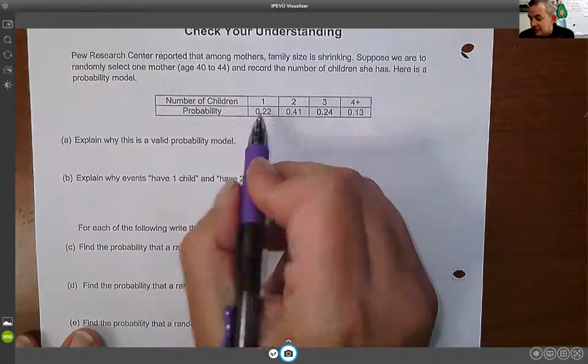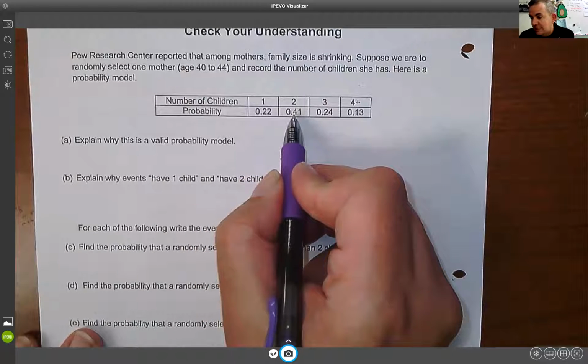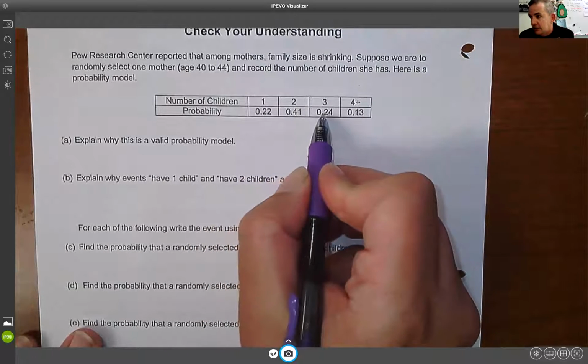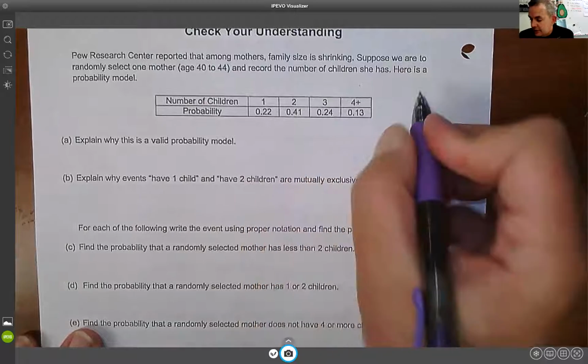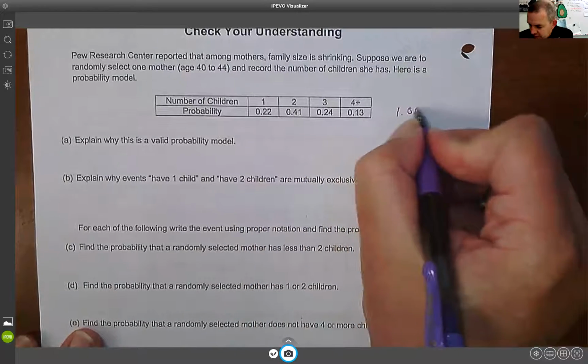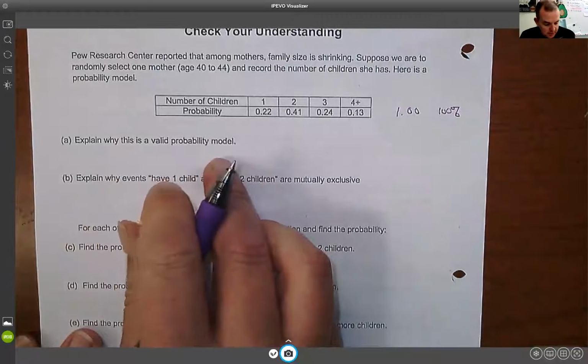The second check is I need to add them up and make sure that they add up to 1. So 22 and 41 is 63. 63 and 24 is 87. 87 and 13 gives me 1.00. That's 100%. So that tells me it's a valid probability model.